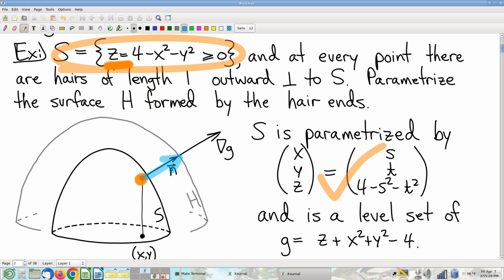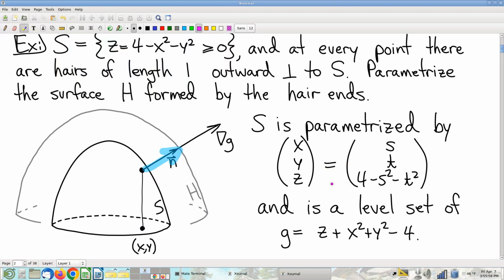When you add that, that'll give you position on our outer surface that we want. So the purple points are kind of hard to write down initially, but the orange points are easy. The blue vectors are going to turn out to be pretty straightforward. And per the picture, orange plus blue gives me purple. So, let's talk about these blue vectors. How do we deal with them?